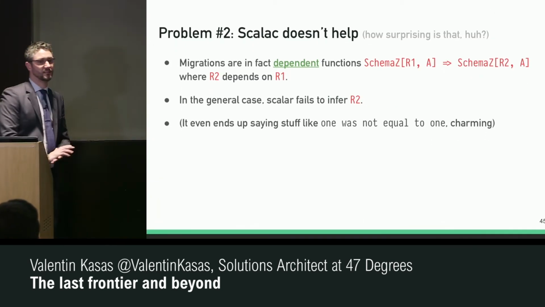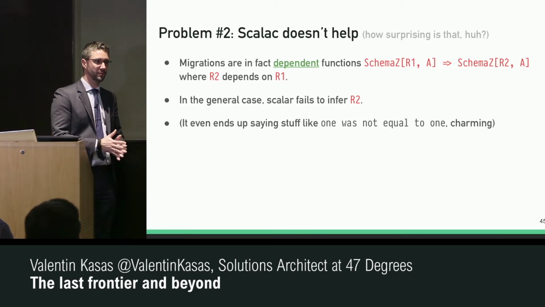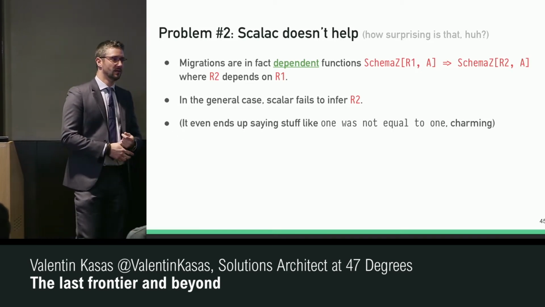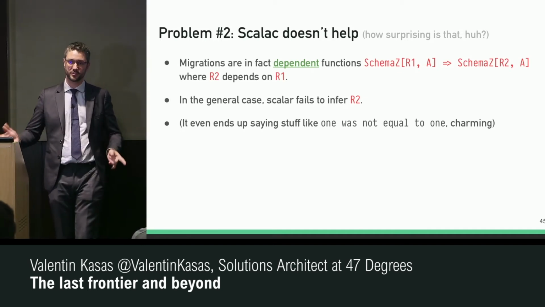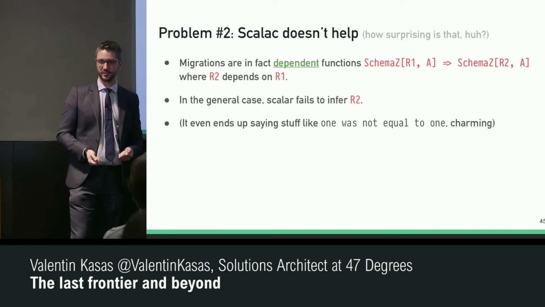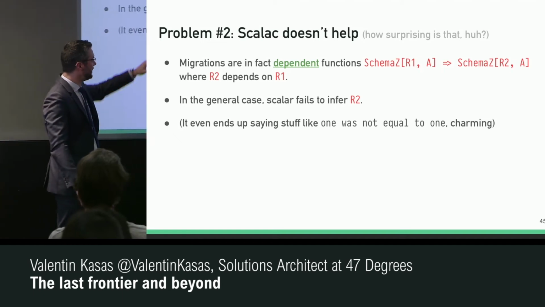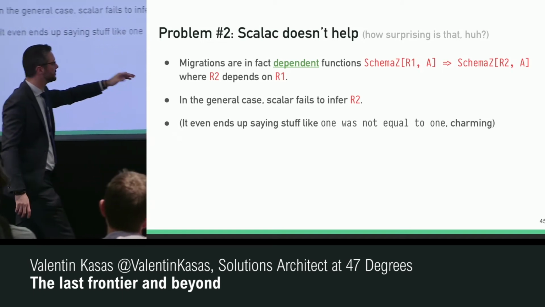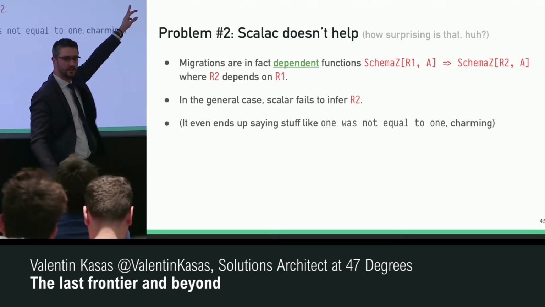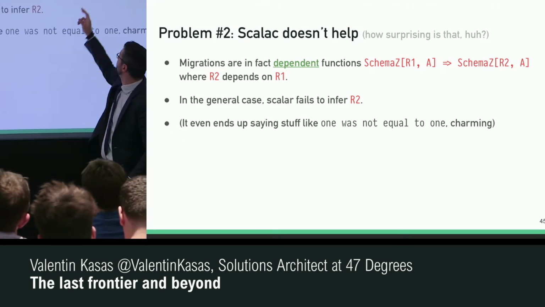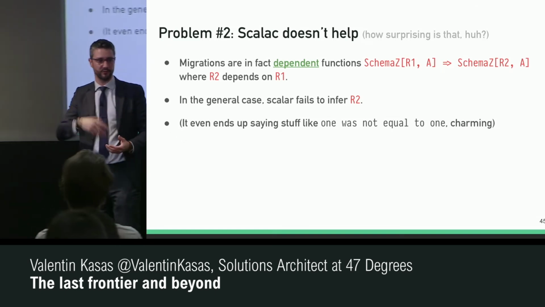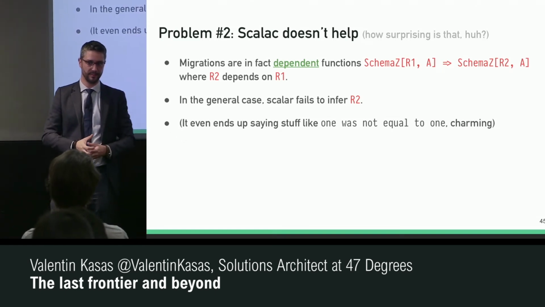But next, you end up in problem number 2, that, in fact, our migrations are not simple functions, they are dependent functions. That is, here, in this signature, that is not correct, the type R2 depends on the type R1 and the migration you want to apply.